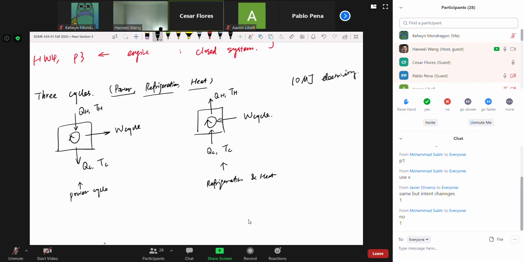Would that be the QC then? No, W cycle. Yeah, that's W cycle given to you. W cycle is the electricity you pay for. W cycle is work, which is in the format of electricity, where QC and QH are heat. Heat. Okay.